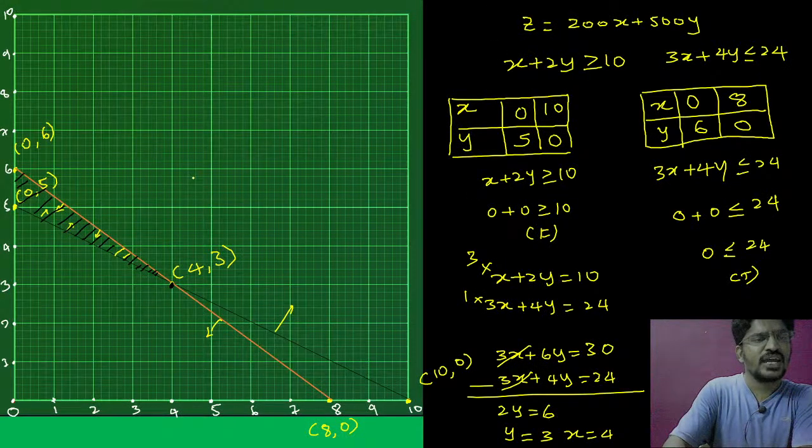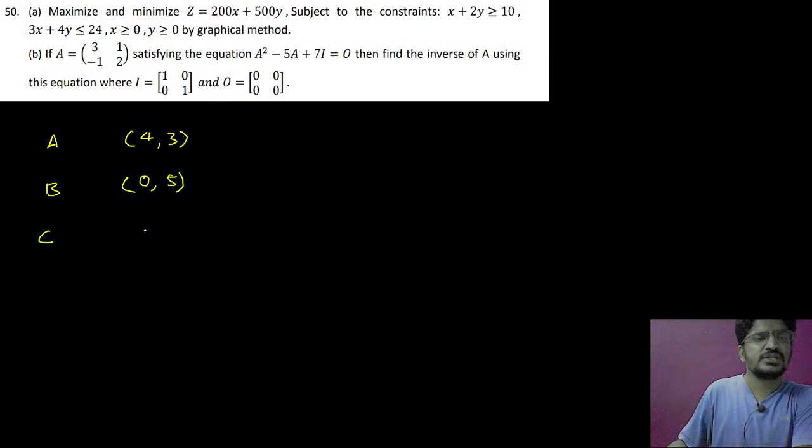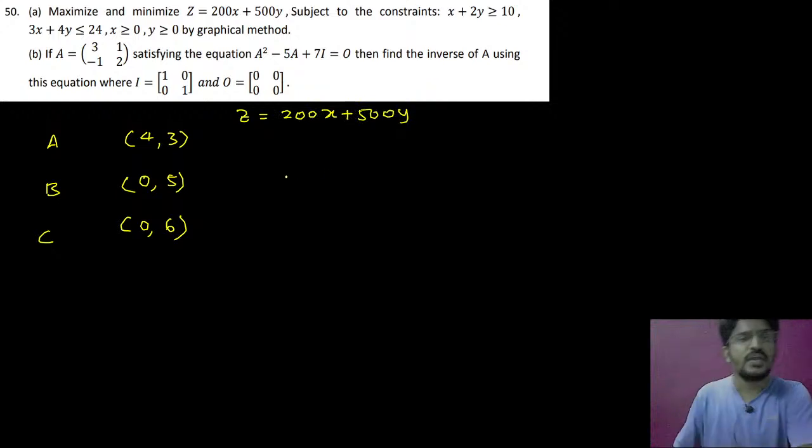C point you can take as 0,6. Now the Z equation is Z equal to 200x plus 500y.